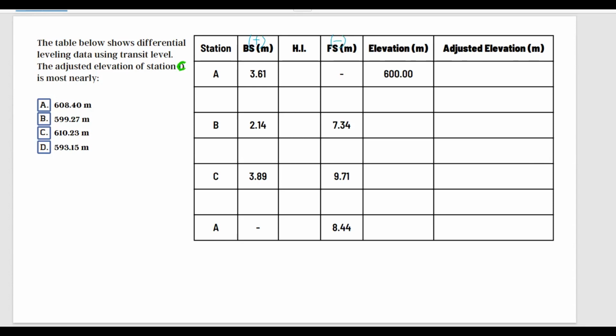And so if we start with elevation at station B, it's going to be equal to elevation at station A plus backsight distance minus foresight distance, of course the corresponding backsight distance and then foresight distance. From the previous problem, remember, when we add the backsight distance, all we get is the height of our instrument. So I'm going to put the value over here.